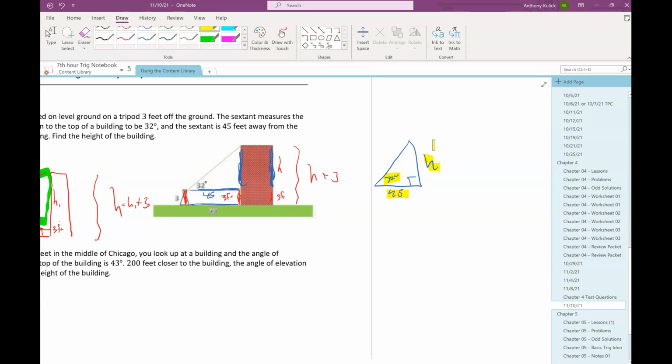If I have adjacent and opposite, I want tangent. So tan 32 is opposite over adjacent. To solve for h, I'll multiply both sides by 45.